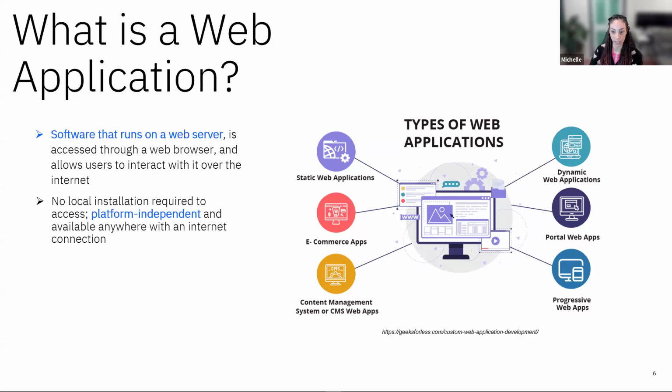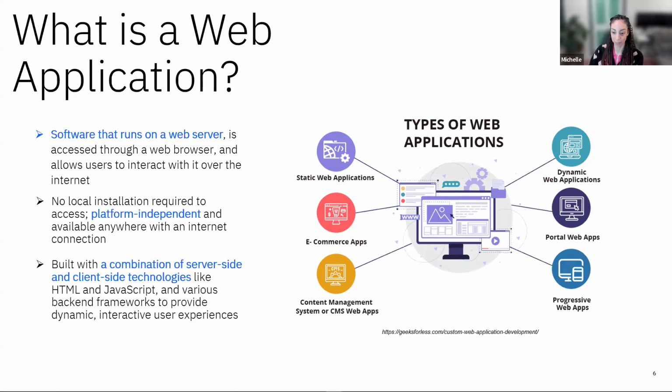It's a platform independent entity and it's available anywhere you have an internet connection. And they're built with a combination of server-side and client-side technologies: HTML, JavaScript, backend frameworks like Python, Ruby, Java, anything like that. Common known things, they are all working together to make web applications what they are today.